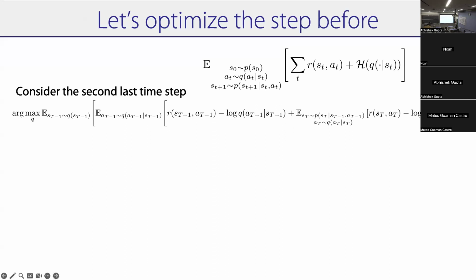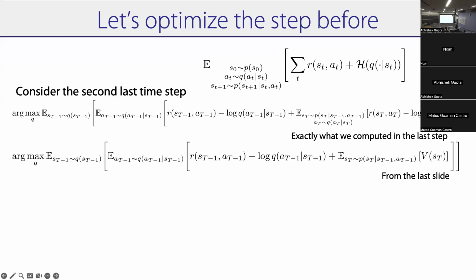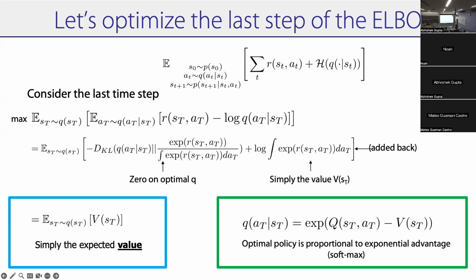So help me work through this. What did we compute as the value of the second last time step? Expectation of value, perfect. So it's just going to be expectation of value. All that we did in the last time step is we computed this expression, and we said that it's exactly equal to the exponential, the expectation of value, right here.